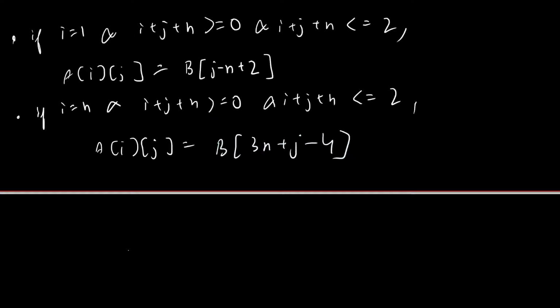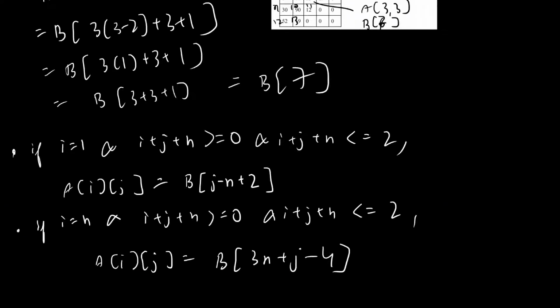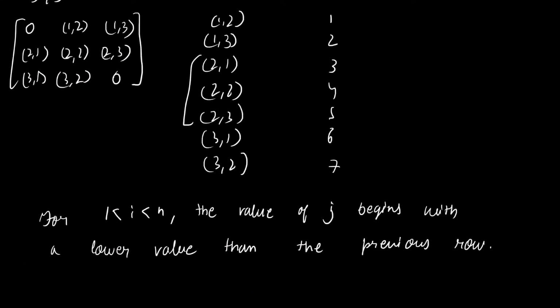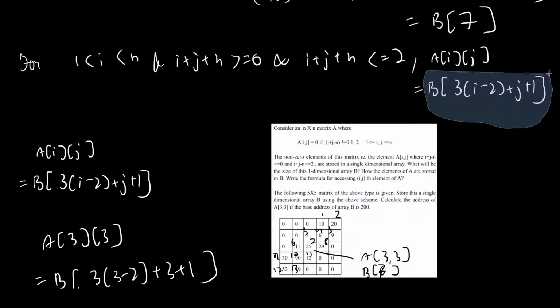And then finally, if 1 less than i less than n and i plus j plus n greater than or equal to 0 and i plus j plus n less than or equal to 2, then aij, we found out, yes, would be equal to b 3 times i minus 2 plus j plus 1.